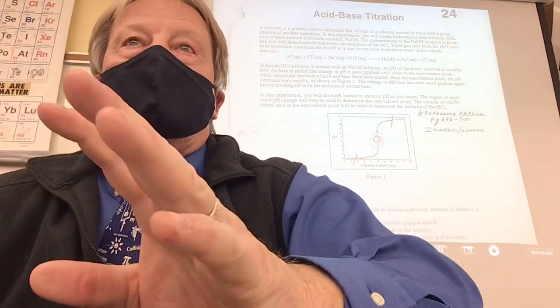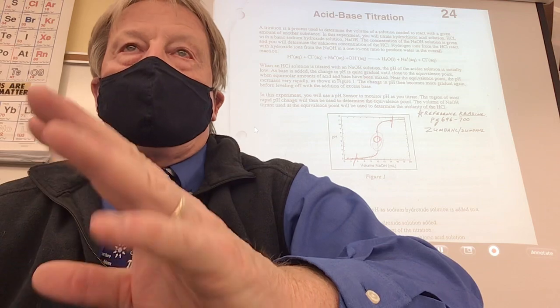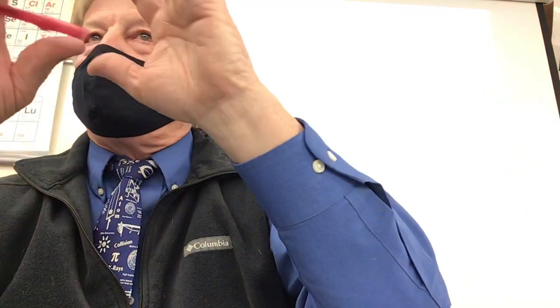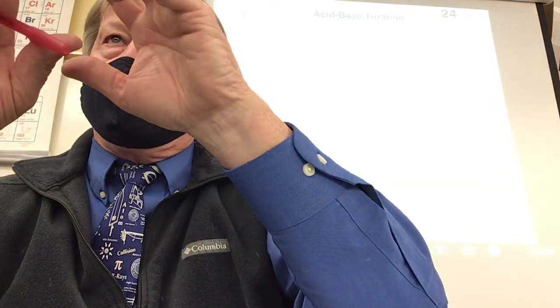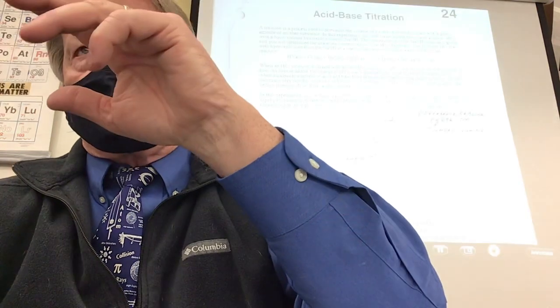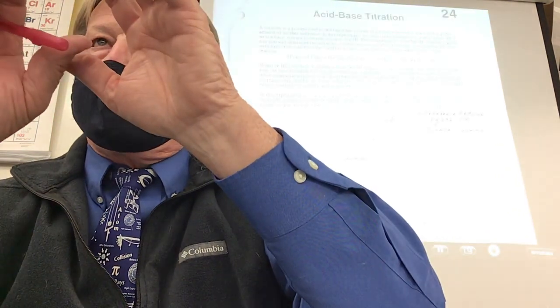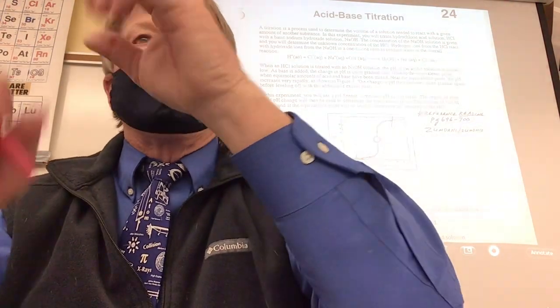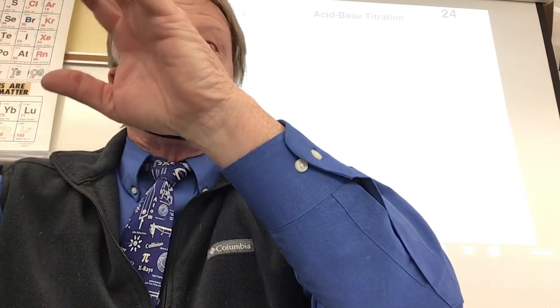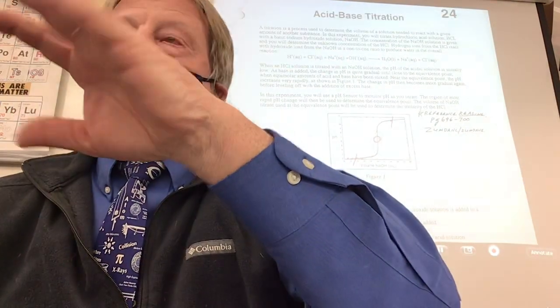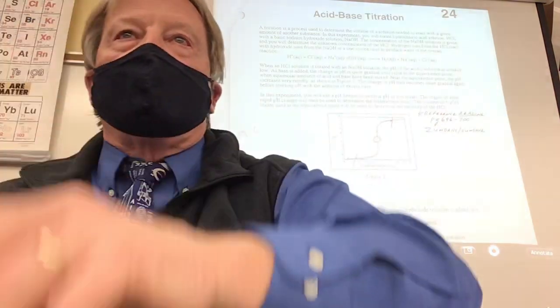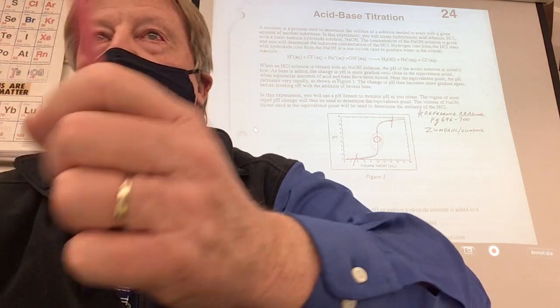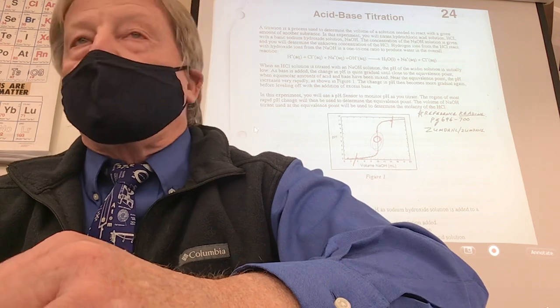Now, yes and no. If you look this up, you'll see the structure of phenolphthalein when it's in an acid environment, and I'll even give you extra credit: give me a drawn-out structure of phenolphthalein in an acid environment and a drawn-out structure of phenolphthalein in a base, and you'll see that it gets bent a little bit, and for whatever reason, that bend makes it produce a color. So if you can find the structure in an acid environment and in a basic environment, I'll give you credit for that. That's a great question.